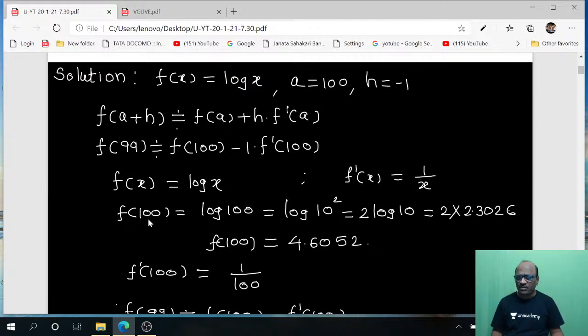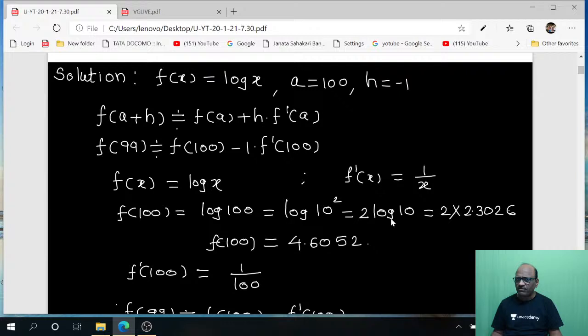f of 100 is equal to log of 100, and it can be written as log of 10 raised to 2. Using the rule of logarithms, log of m raised to n is equal to n into log of m, therefore here it is 2 log of 10.